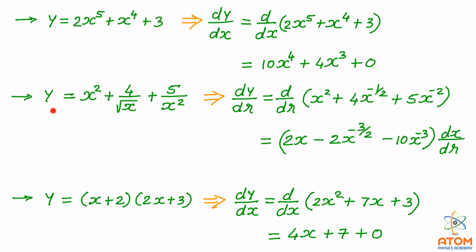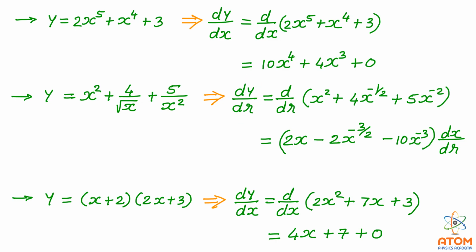Again one more equation, y is equal to x square plus 4 upon root x plus 5 upon x square, and we want differentiation of y with respect to r. Mind well, here the functions are of x and I want differentiation with respect to r.